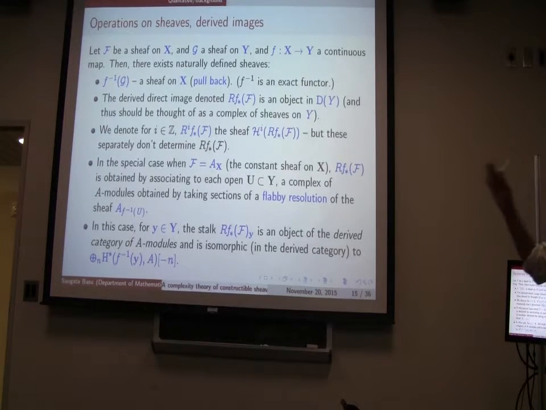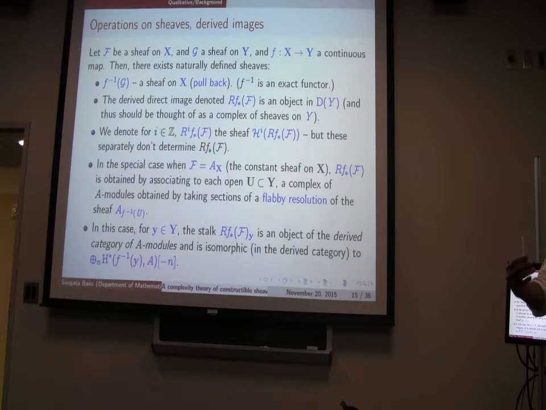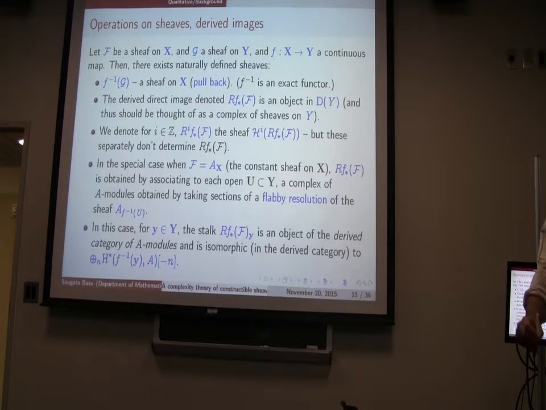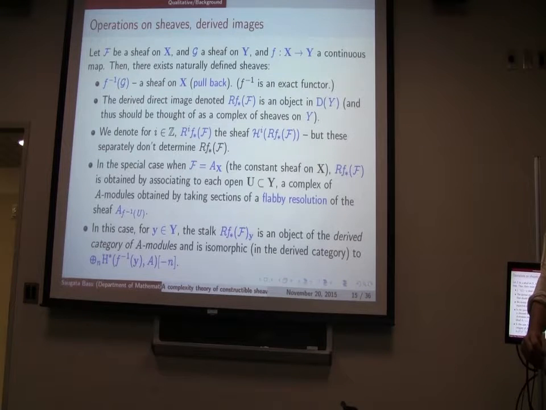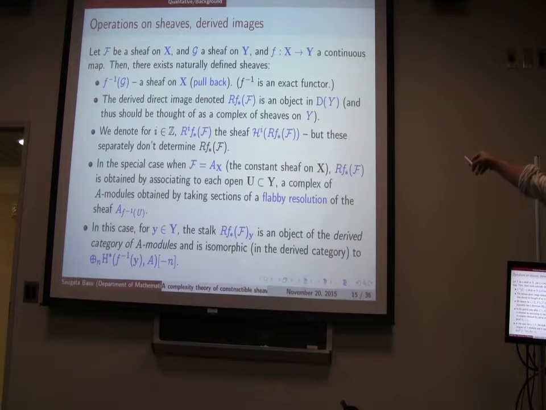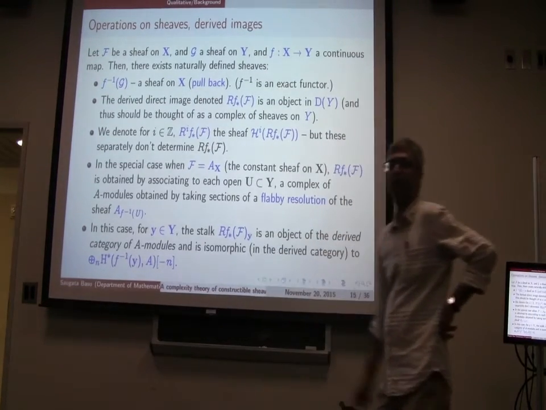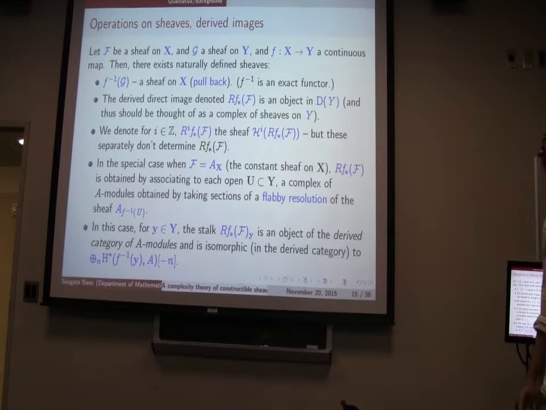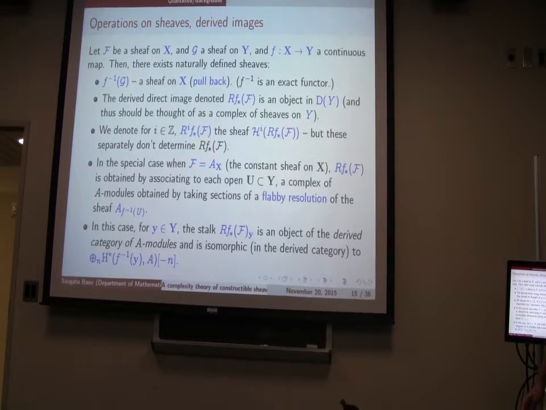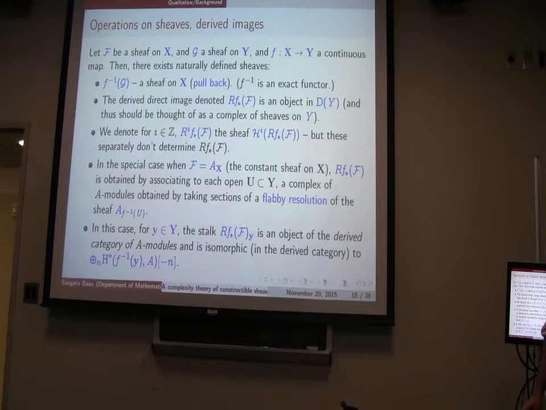First of all, this is an object in the derived category, so you should think that the stalks of this are complexes. The stalks of RF star of the constant sheaf should be complexes. And in fact, the stalk at every point y in Y is the complex which is the homology of the fiber over y.